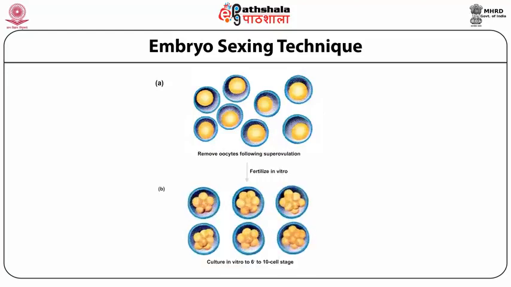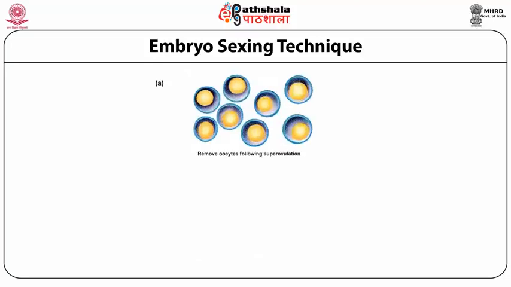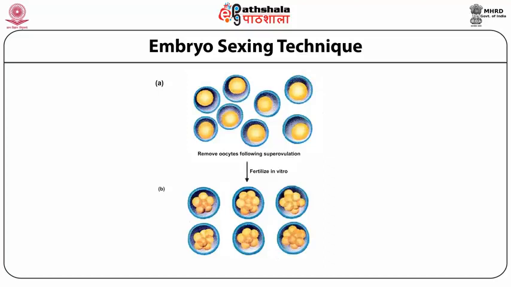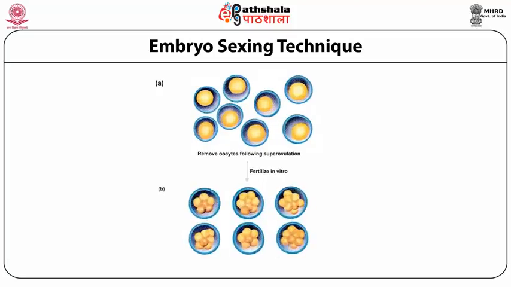After in vitro fertilization, embryos will be formed, and these embryos may be of different cell numbers. Most commonly morula is used for sex determination, but morula as well as blastocyst can be used for sex determination. After blastocyst, embryos are not used for sexing.